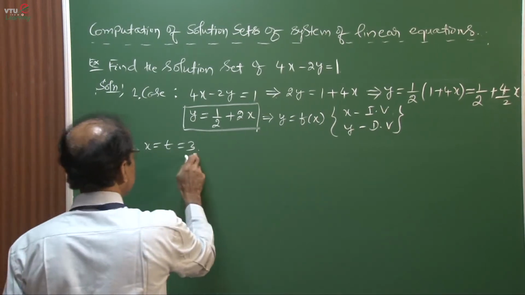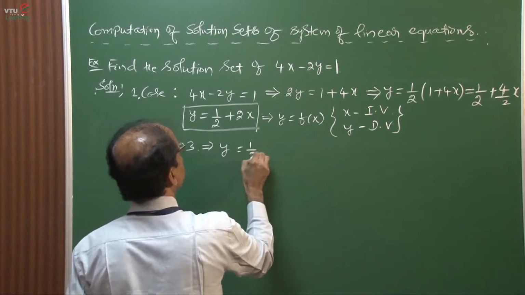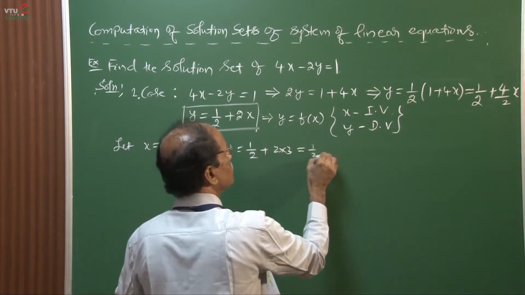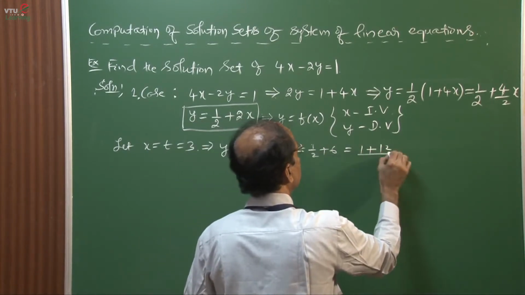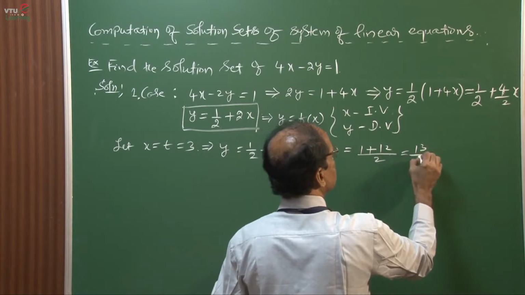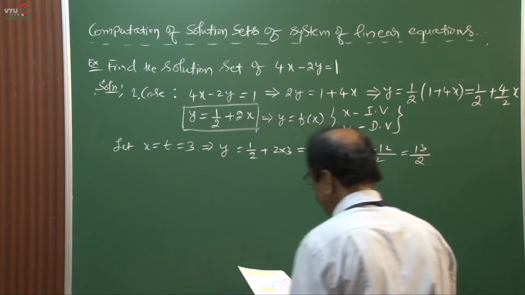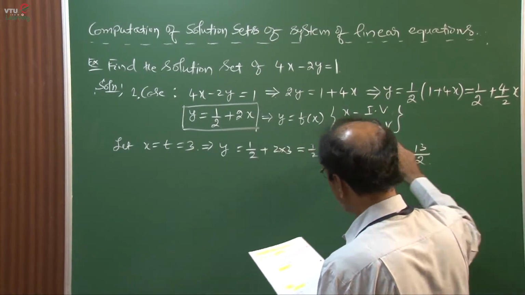Then x is equal to 3 implies y is equal to 1 by 2 plus 2 into 3, that's equal to 1 by 2 plus 6, is equal to 1 plus 12 divided by 2, that is 13 divided by 2.